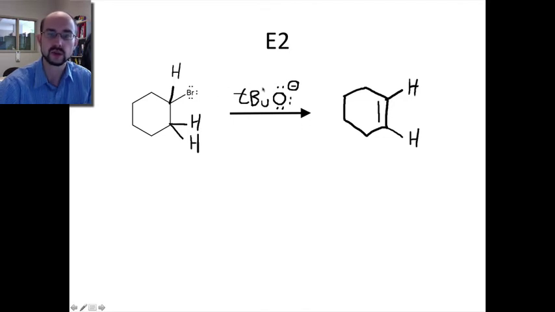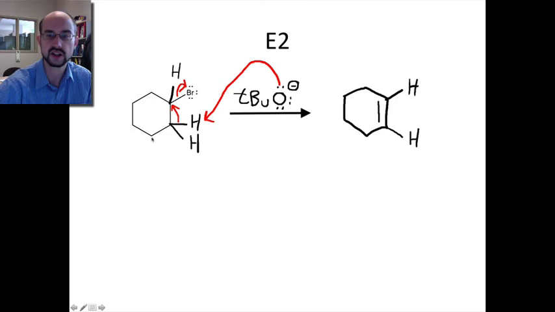What happens here is we use this lone pair as a Bronsted base. It attacks and pulls off one of these neighboring hydrogens. This CH bond becomes the CC alkene bond, and in the process of doing so, it kicks off the leaving group.